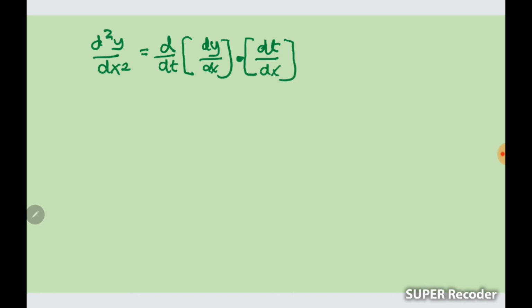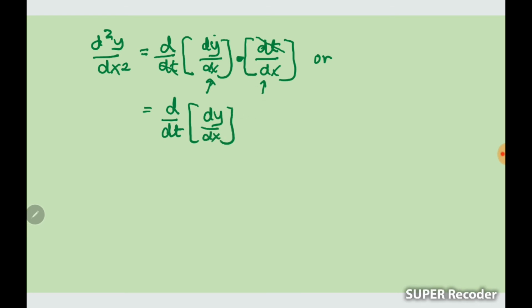From this formula we can see that we can cancel out dt with dt. Okay, so you get d squared y dx squared, or you can write as d dt dy dx.